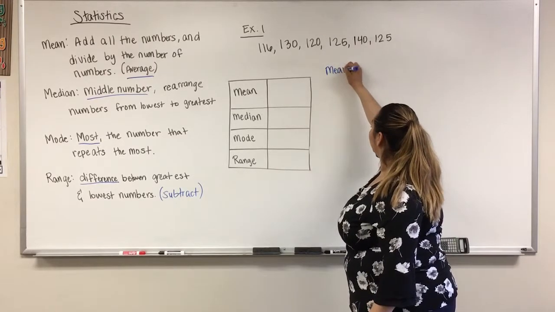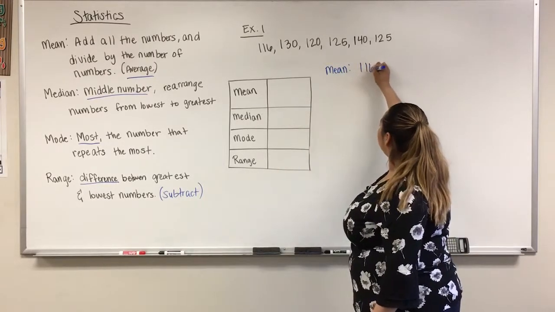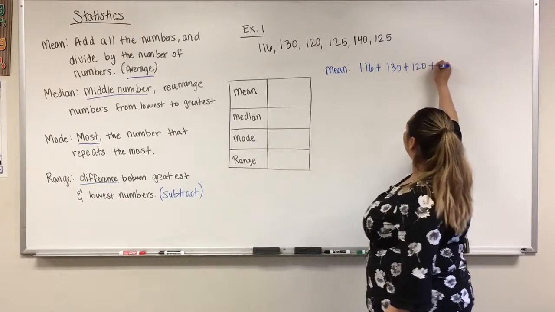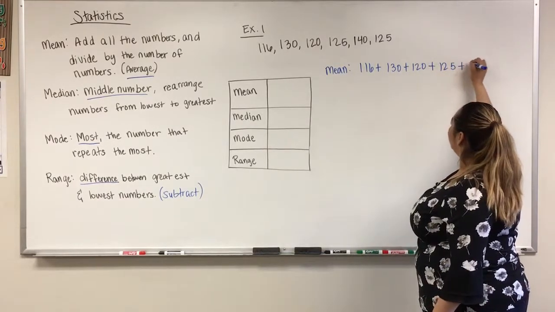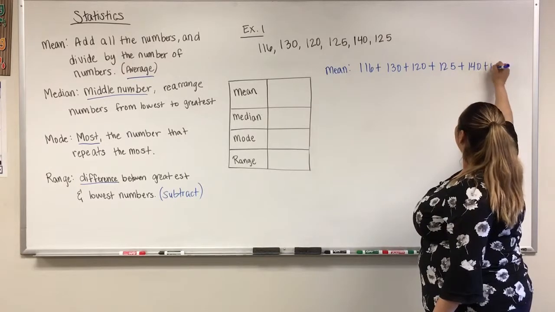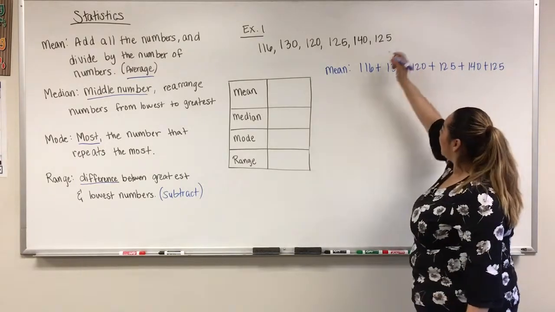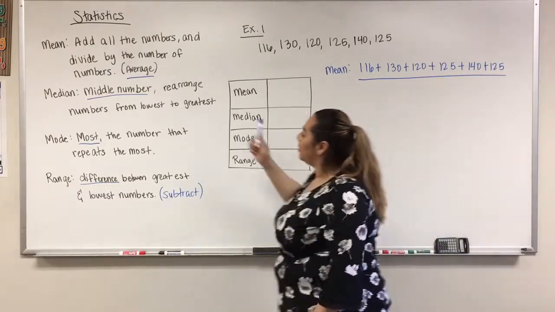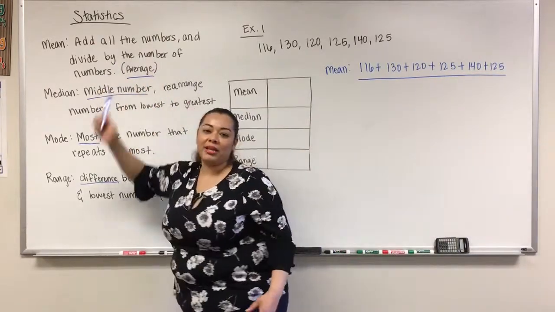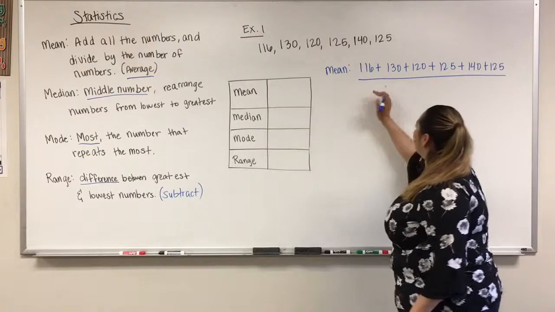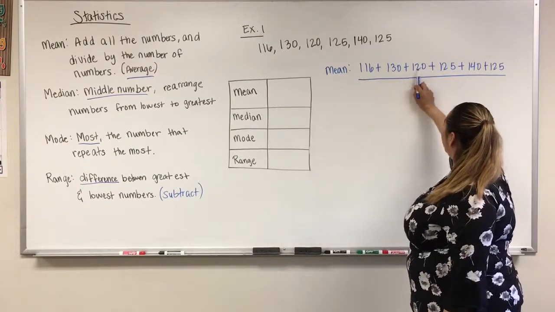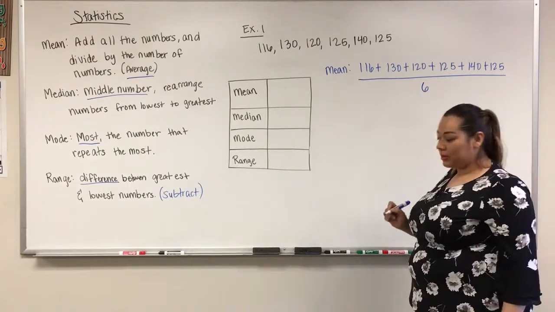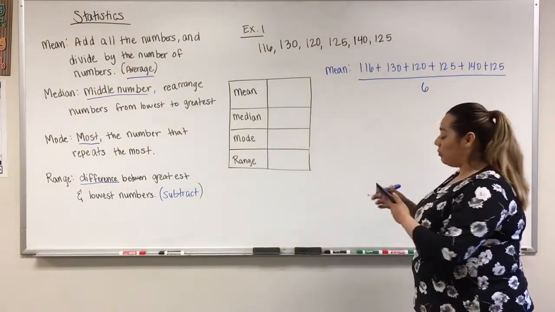So the mean is 116 plus 130 plus 120 plus 125 plus 140 plus another 125. And then we're going to divide it by the number of numbers. How many numbers did we add right here? Let's count: 1, 2, 3, 4, 5, 6. So we're going to divide it by 6. We're going to use a calculator.